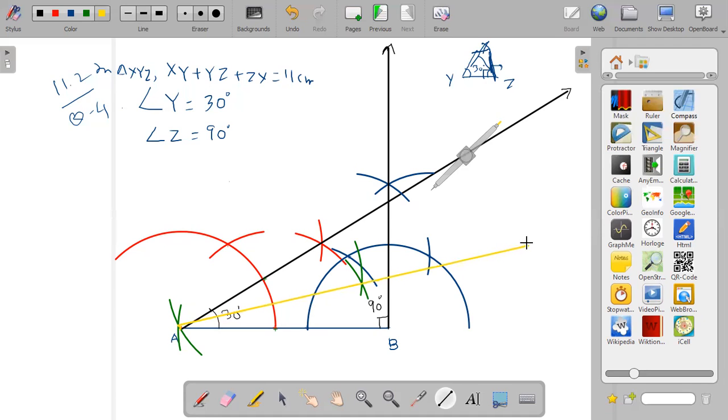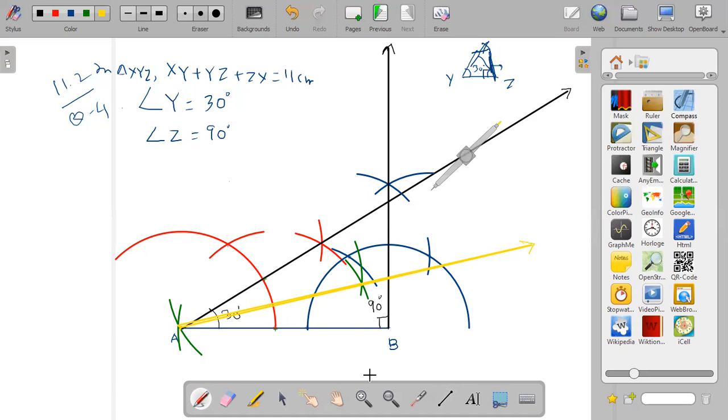It should pass from A only, so there is a mistake here. It should come like this. Okay, so you can understand this is the bisector.